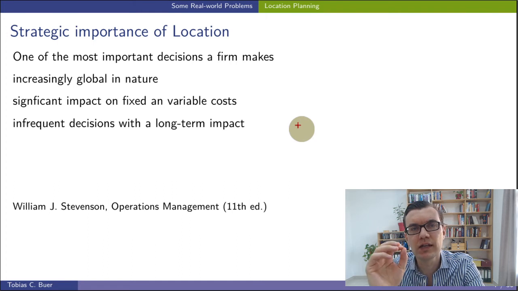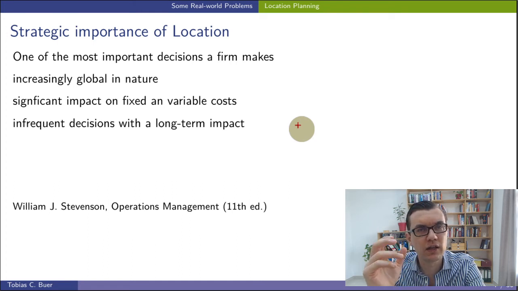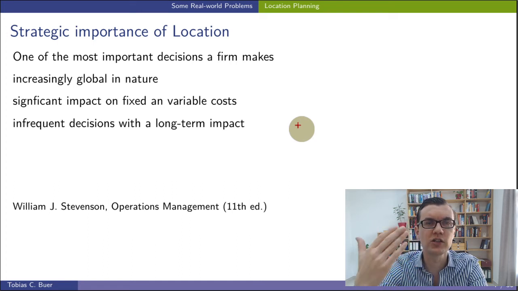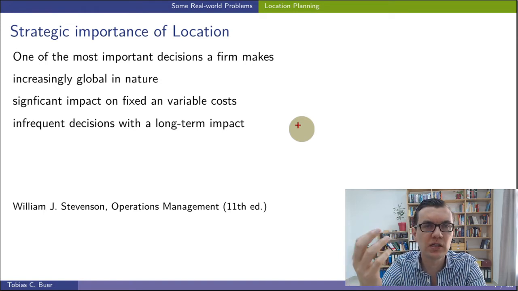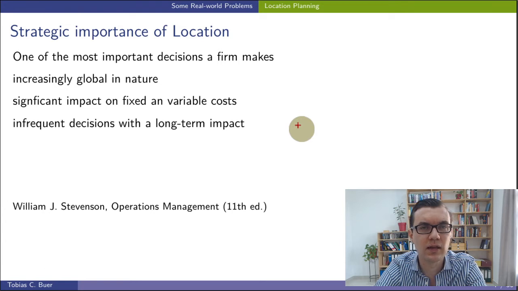And these location decisions have a significant impact on our manufacturing quality. For example, Porsche made the decision just like last week.